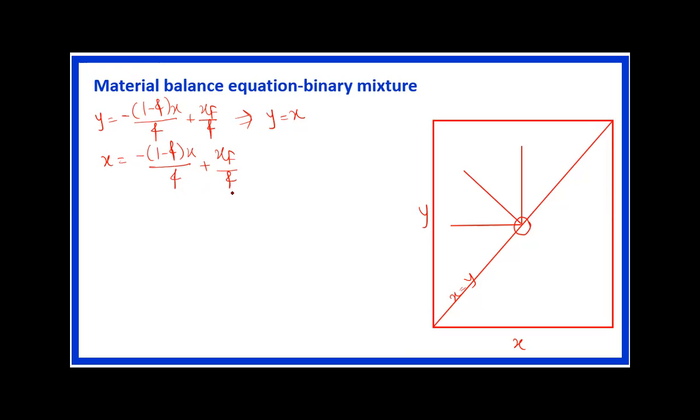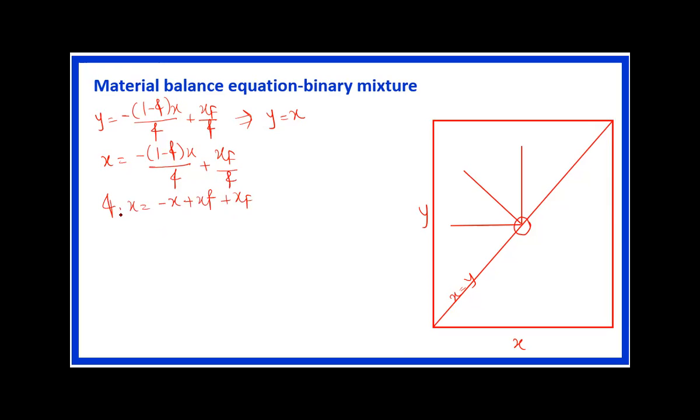So this is the denominator, that is f is common, can be taken on the left hand side. So f into x equal to minus x into 1, that is minus x into minus f, that is plus xf, and then plus xf.